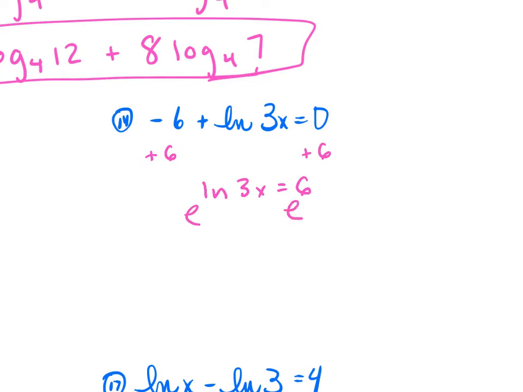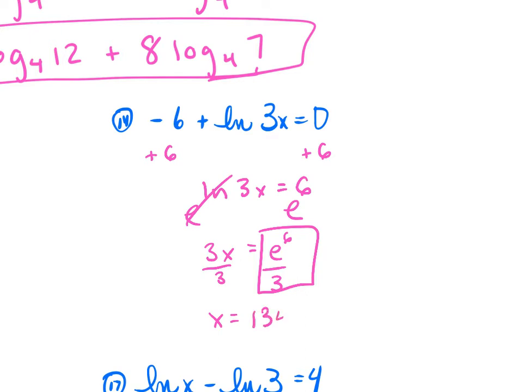So what happens on the left side? Cancels. So 3x is equal to e to the 6 power. We divide both sides by 3. So x is equal to, we would put this into our calculator. So we have e to the power of 6 divided by 3. So 134.476. Everybody agrees? Awesome.